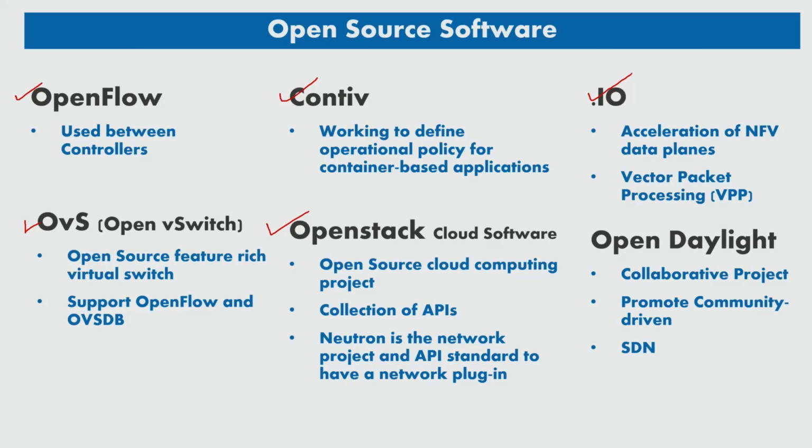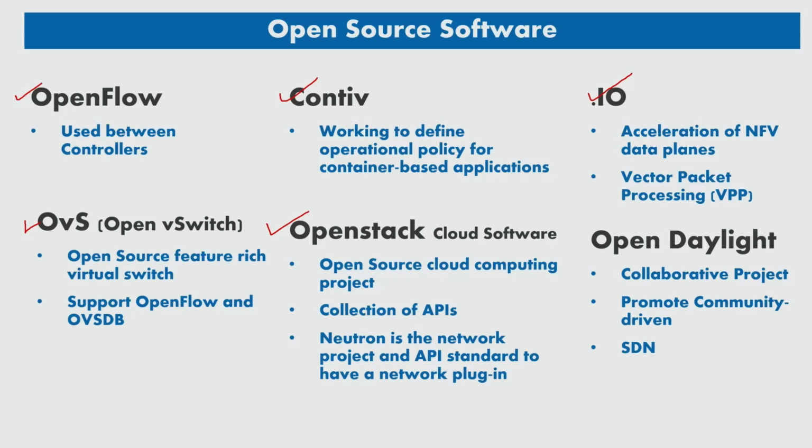Cisco supplied the VPP library, or the Vector Packet Processing library, which is a major component. The code is currently being used in products on the market. The VPP library is designed to be highly modular and allows additional graph nodes to be readily plugged in without requiring changes to the underlying code.